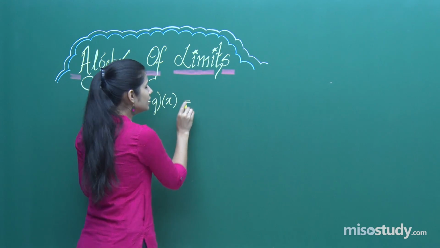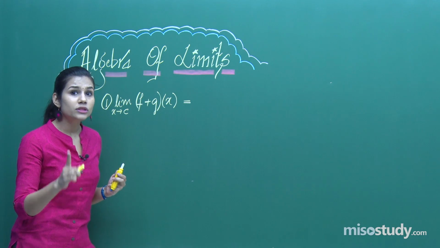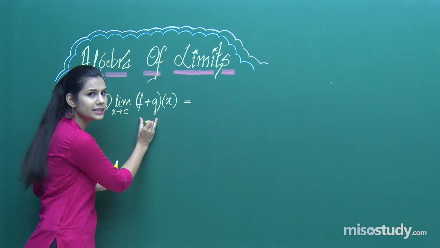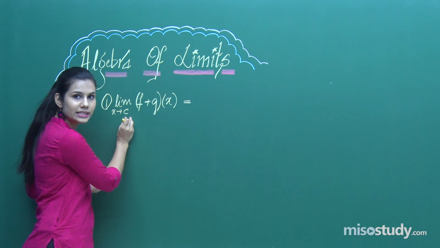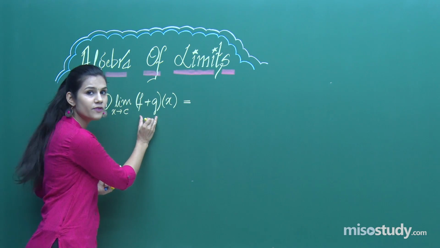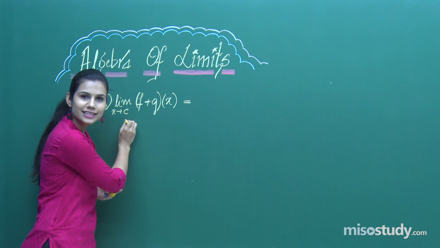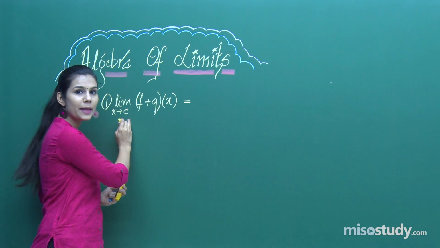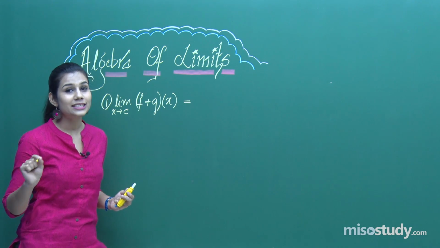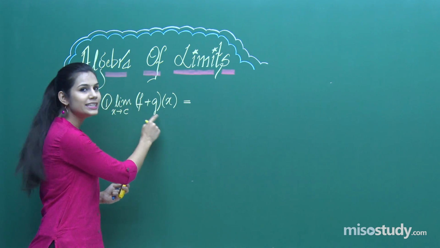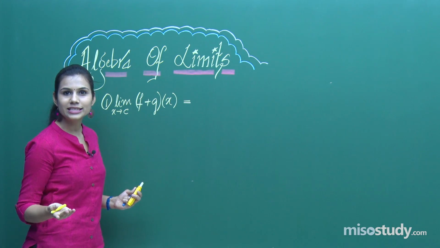Well, if you are aware of the limiting behavior of the individual functions involved in this combination at the point C, you will be able to evaluate the limiting behavior of the sum function at the point C, isn't it? Why? Because the limiting behavior of the sum function at the point C is nothing but the sum of the limits of the two individual functions at the same point C.